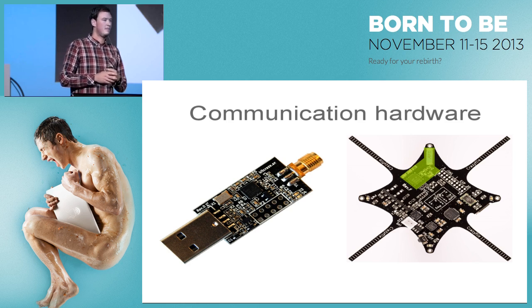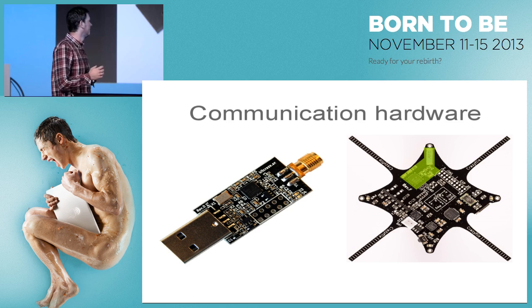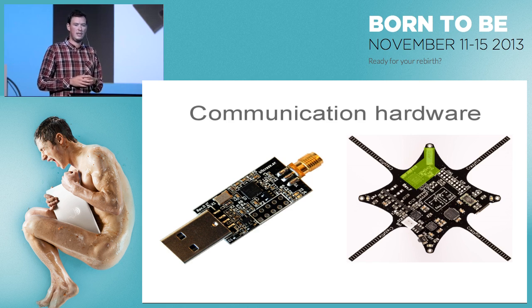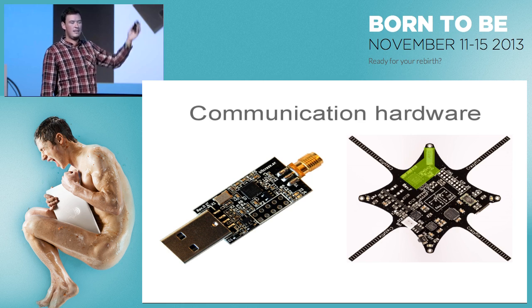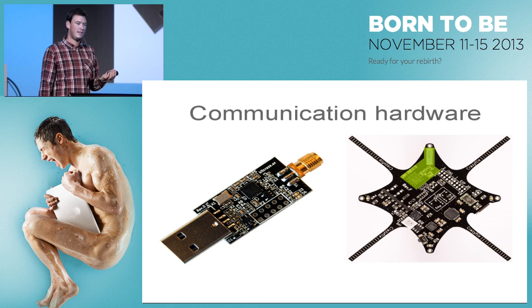So there's some communication going on, and we started looking at Wi-Fi and Bluetooth while we were developing this, but they're pretty complex and expensive, and they draw a lot of power. So we ended up with a kind of proprietary chip, which is probably used in this clicker. It's a chip from Nordic Semiconductor, which is really simple.